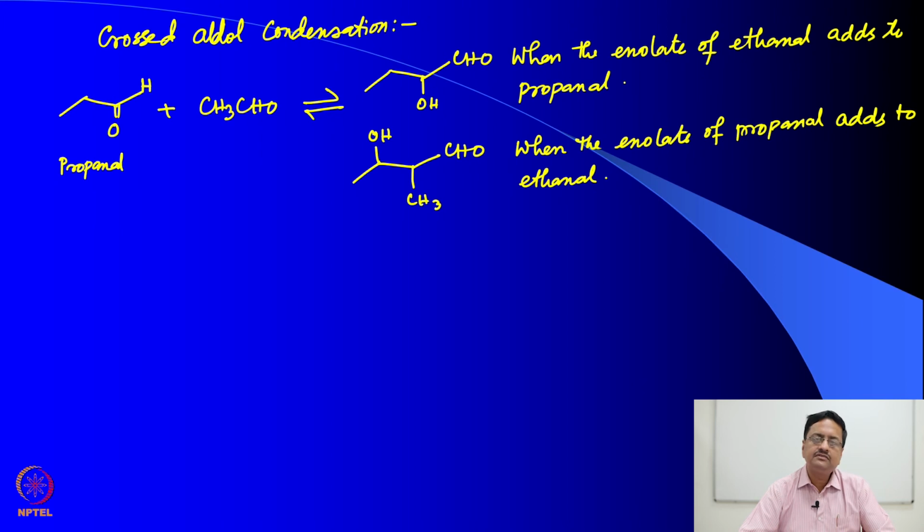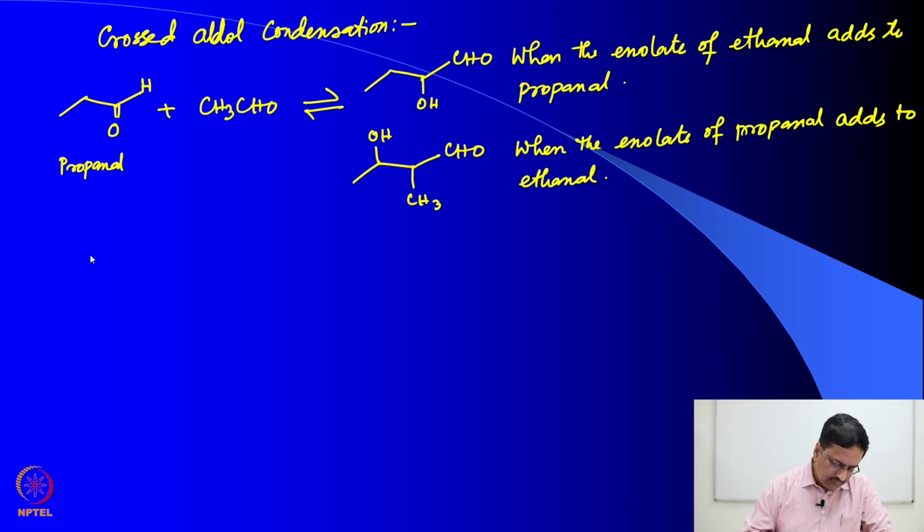So, if somebody wants to use it efficiently and effectively, then one has to choose these aldehydes judiciously such that only one aldehyde or ketone can generate the enolate ion and the other one cannot. That means, you should use one of the aldehydes or ketones which does not have the alpha hydrogen for the formation of enolate, and the other aldehyde or ketone should contain an alpha hydrogen atom.